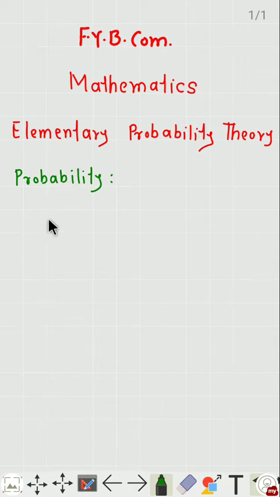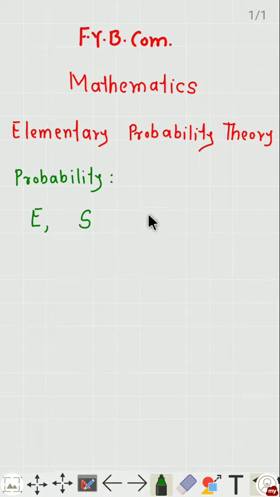So probability, we find the probability of an event of a random experiment. Suppose there is one random experiment and E is the event of that random experiment, and suppose S is the sample space of that random experiment.